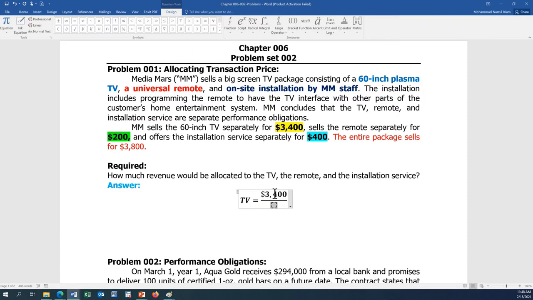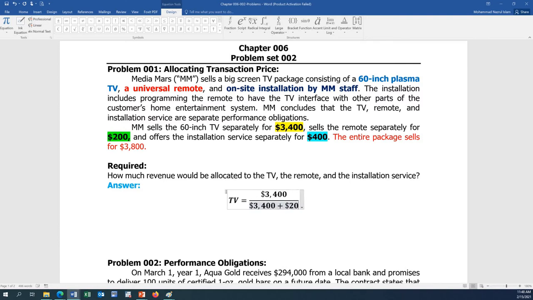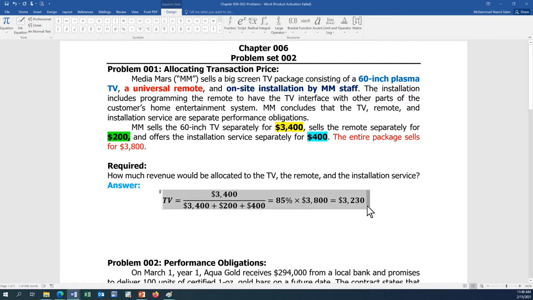And the sum of all of these three is the total standalone price. So 3,400 plus 200 plus 400. Okay, so what is that? It's going to be 85%. So 85% of the total 3,800 is equal to how much? 3,230. Okay, and I'm just copying this one.